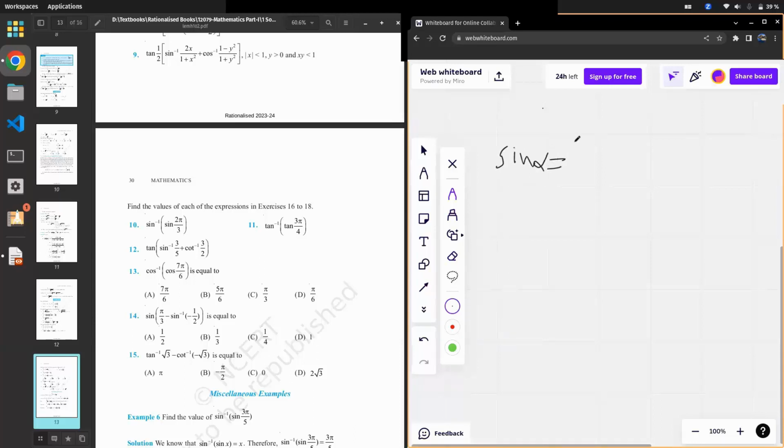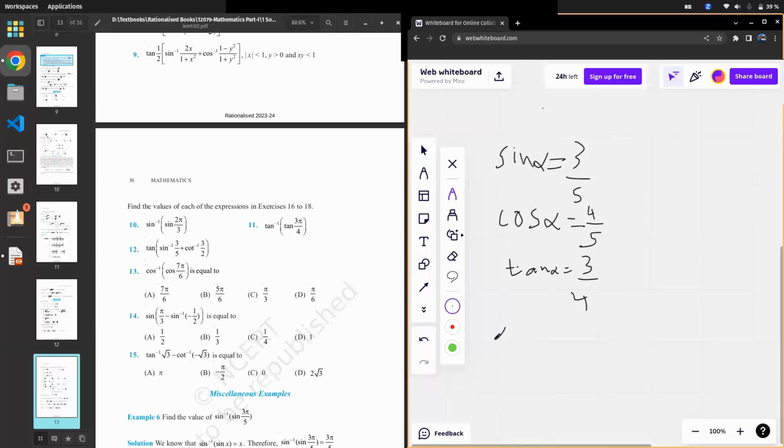Let us think sine theta is equal to 3 by 5. So we can find cos theta, which is equal to root of 1 minus sine squared theta. So 1 minus 9 by 25 is 16 by 25. Since we have the root, it will be 4 by 5. So cos alpha will be 4 by 5, so tan alpha will be 3 by 4.